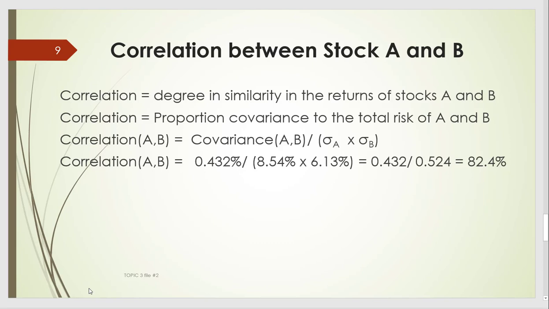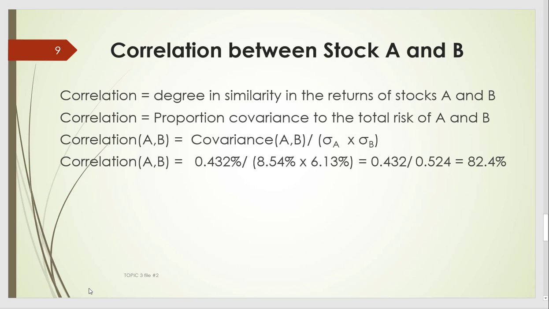So to do the calculation, we take the covariance of A with B, divided by the total risk. The total risk is the standard deviation of A times the standard deviation of B. Covariance, remember, is a squared number. So standard deviation of A times standard deviation of B is also a squared number. Putting in numbers, the covariance for A with B was 4.32% decimal.